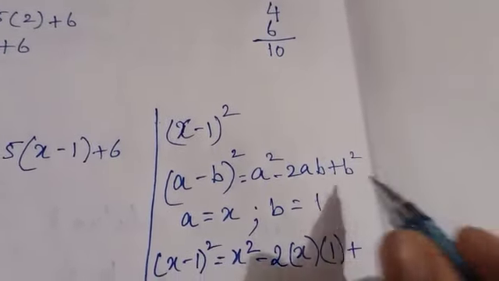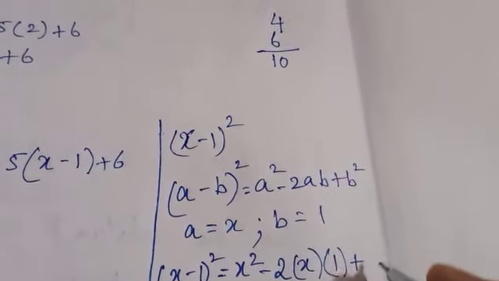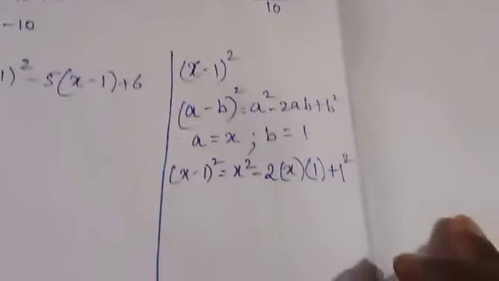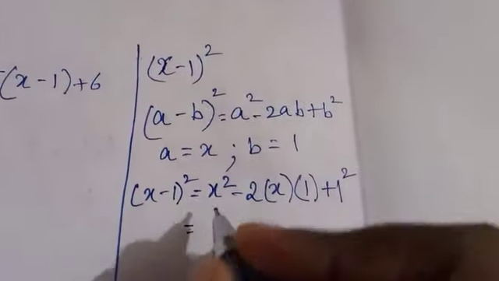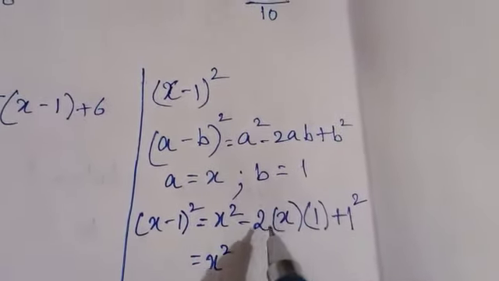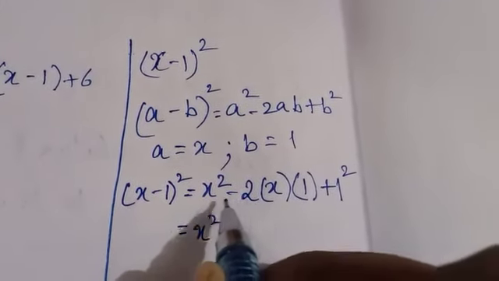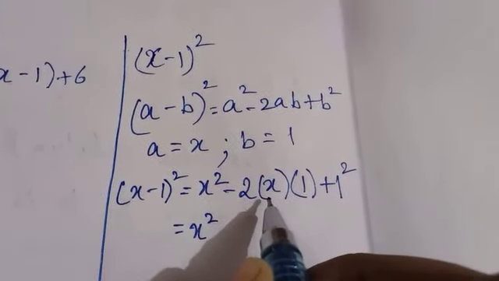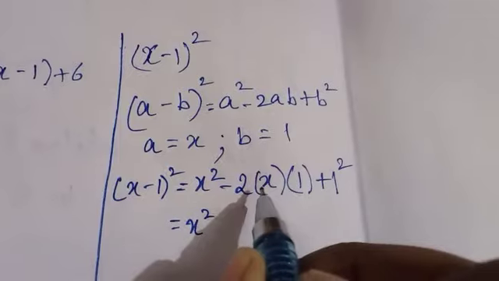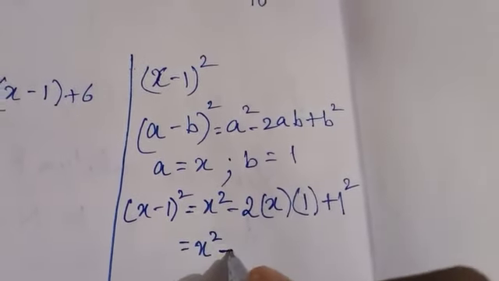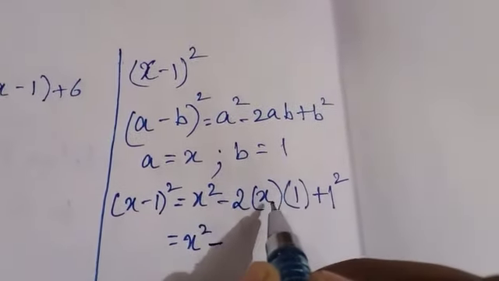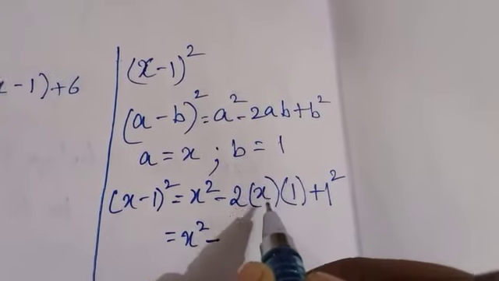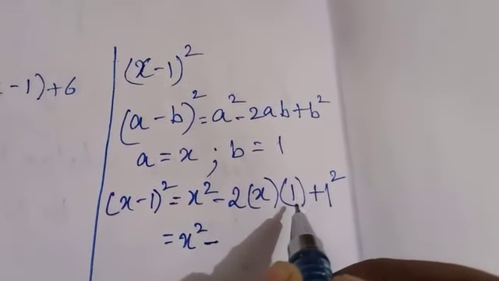Next, plus b square. What is b? 1. So 1 square. So I'm writing x square minus 2 into x. Minus into plus is minus. So 2 into x is 2x, and 2x into 1 is also 2x.